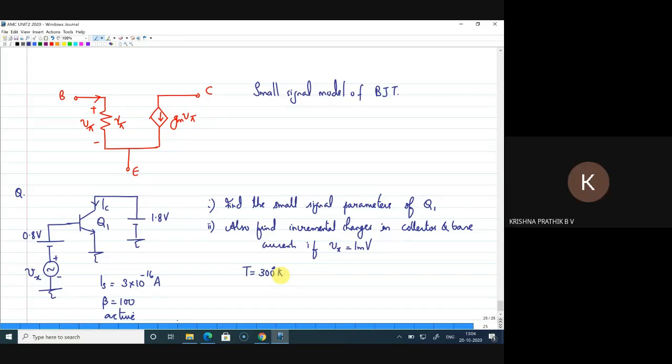It will be the output RO. Yes, GM and RO are the two small signal parameters we learned in MOSFET. Similarly, in BJT, what are the small signal parameters? GM and then R pi. So far, we did not discuss resistance RE. Yes, R pi or RE. Those two things you have to find first.